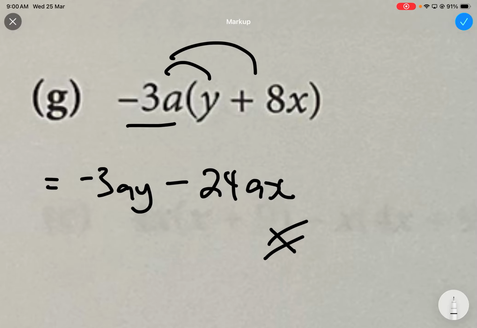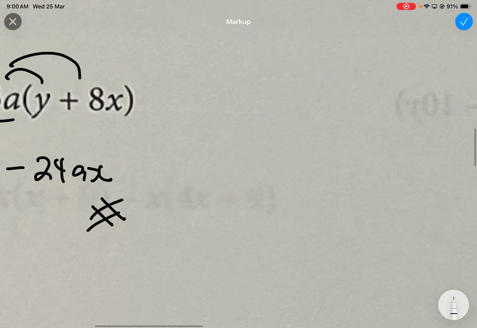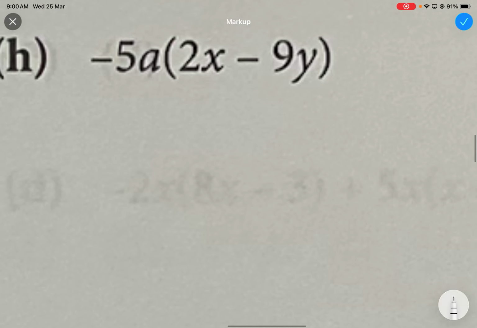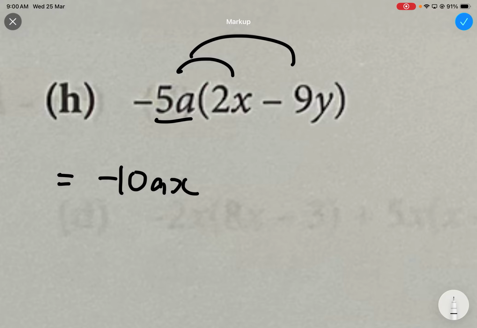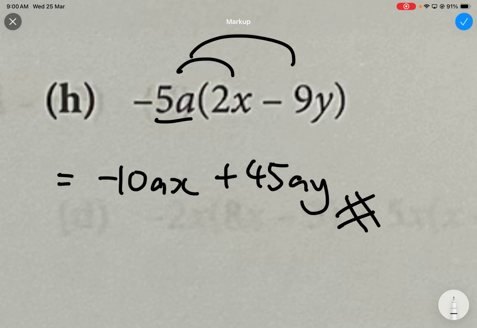Okay? Multiplication here, and then subtract after the multiplication. That's why subtracting a negative number here becomes positive. Again, this is the common mistake here. Never change sign. Okay?